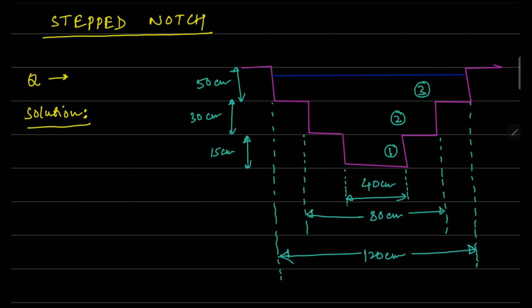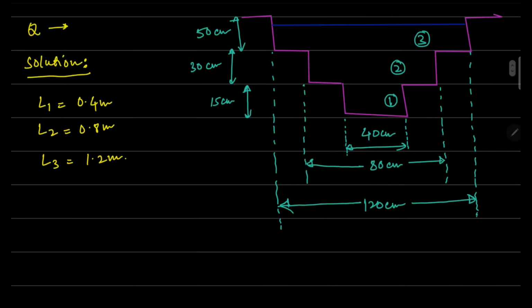If we need to solve this one, L1 value is given to us, that is 0.4 meter. L2 is equal to 0.8 meter, and similarly L3 is 1.2 meter. In case of H1, the value should be measured for channel 1 from the top of this location.